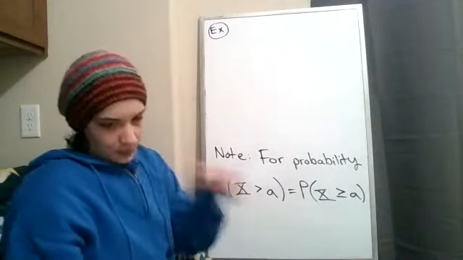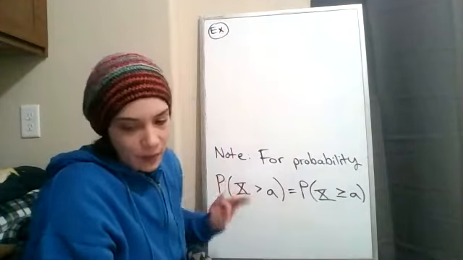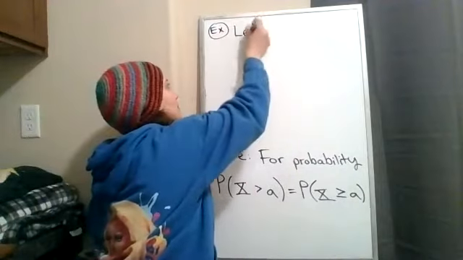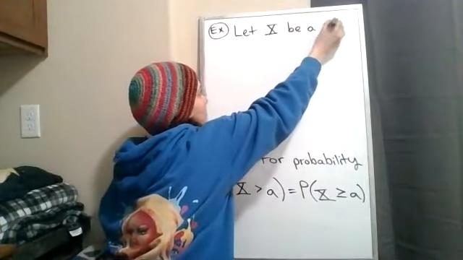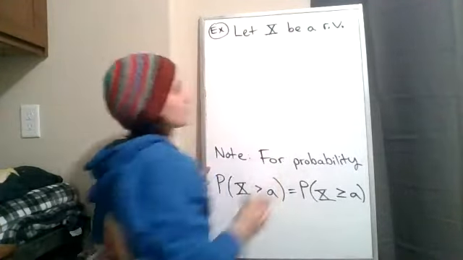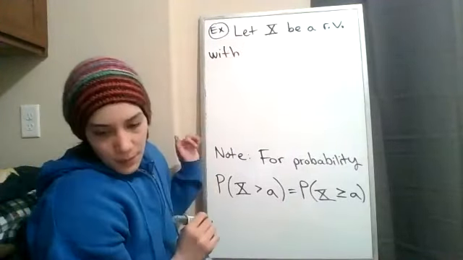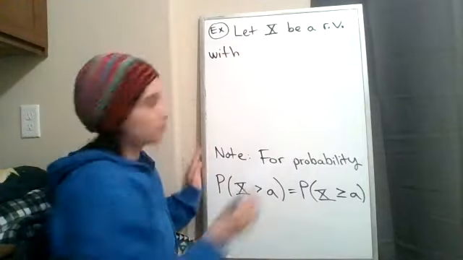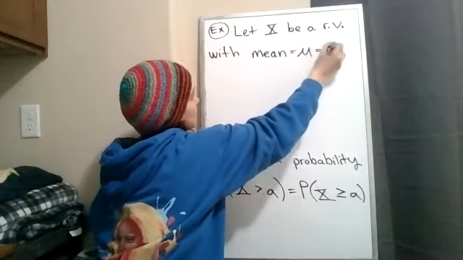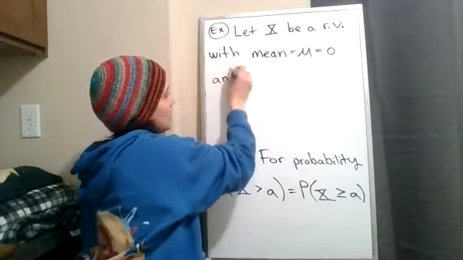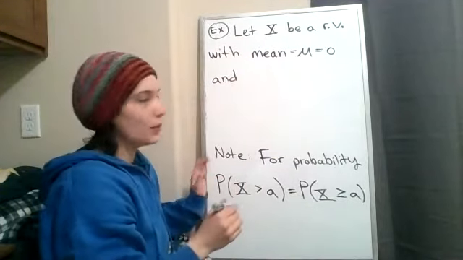This time, we let x be a random variable with mean mu equal to 0 and standard deviation equal to 1.